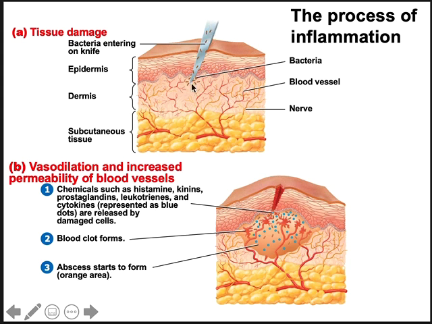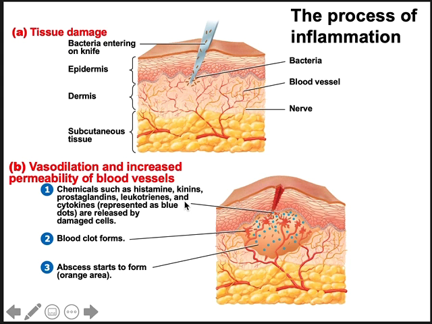Now that bacteria has been allowed to go through your protective barrier and into your epidermis and even into your dermis a little bit, okay? Your body is going to respond. All of those cells that you just tore open and damaged are going to release chemicals: histamine, kinins, prostaglandins, and other cytokines, right, are all going to be released by this damaged tissue.